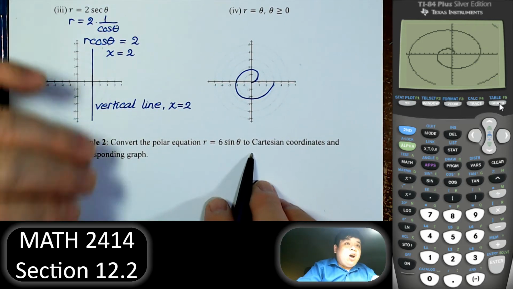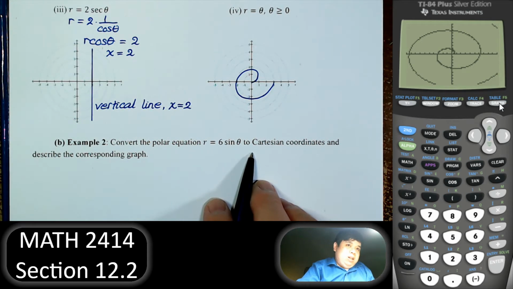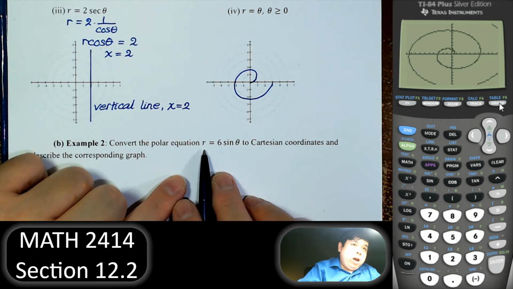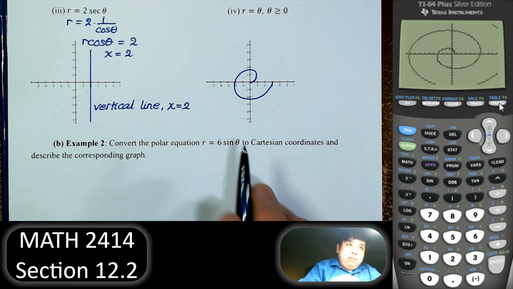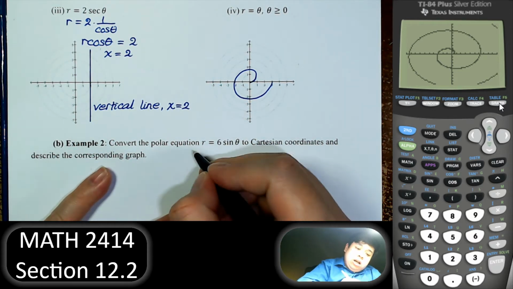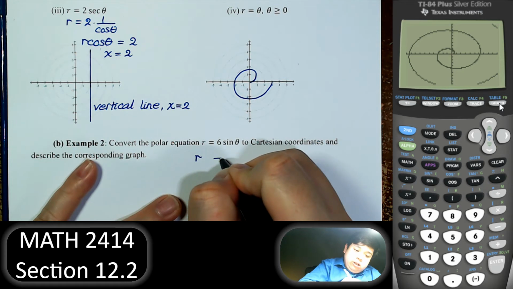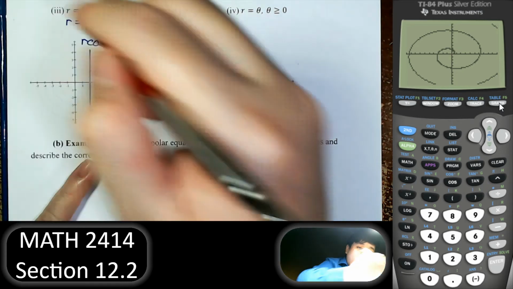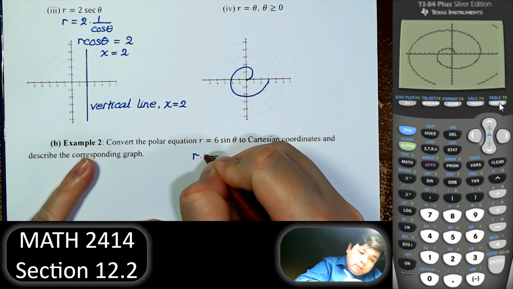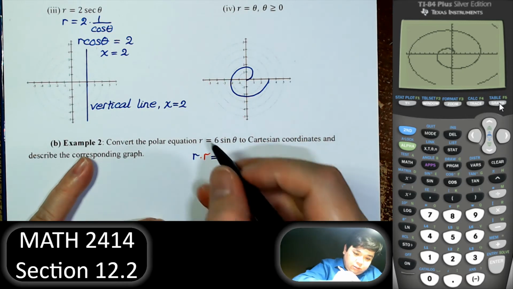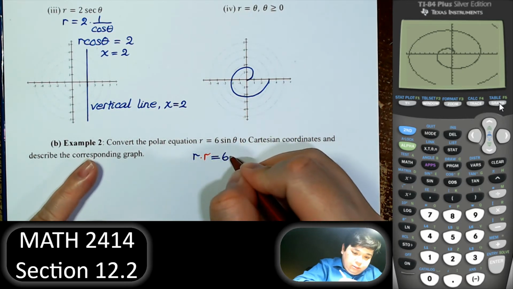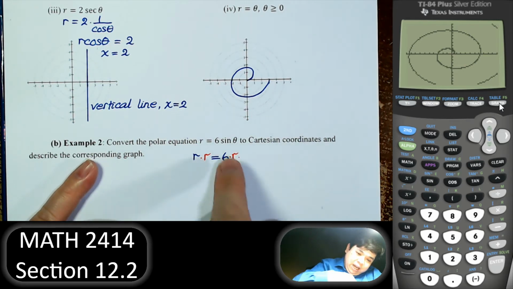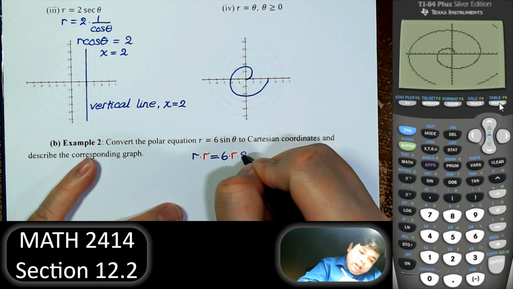If we square both sides, we have r squared, which is great. R squared is x squared plus y squared. However, the sine theta is not very good. So instead of squaring both sides, what we do is multiply by r on both sides. And I put the r right here with the sine.